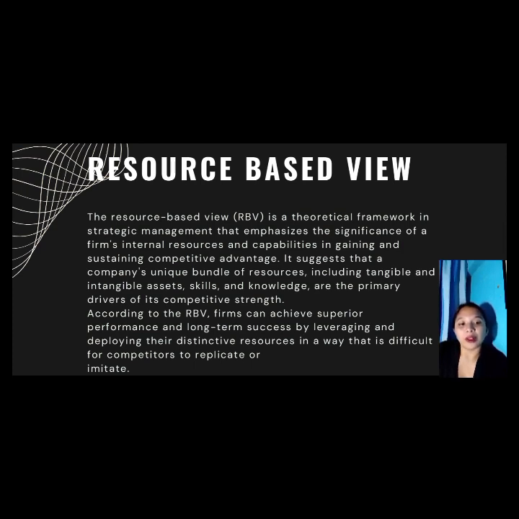Then, intangible resources are quite difficult to see, to touch, or to quantify. Kabilang sa mga intangible, halimbawa, ang mga kaalaman at kasanayan ng mga empleyado at kultura ng kumpanya.